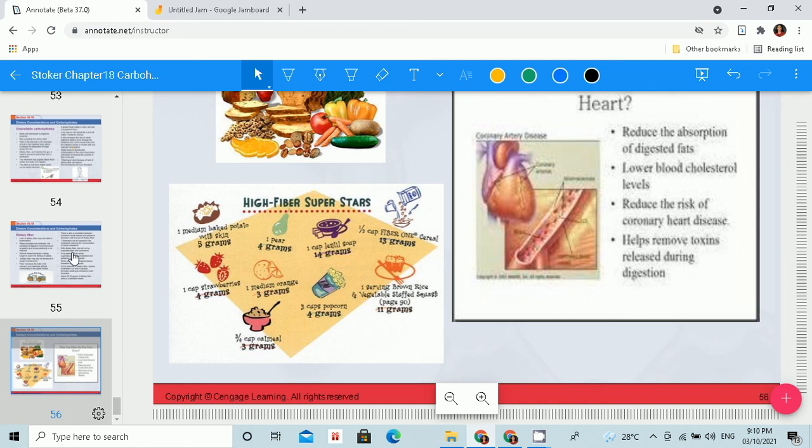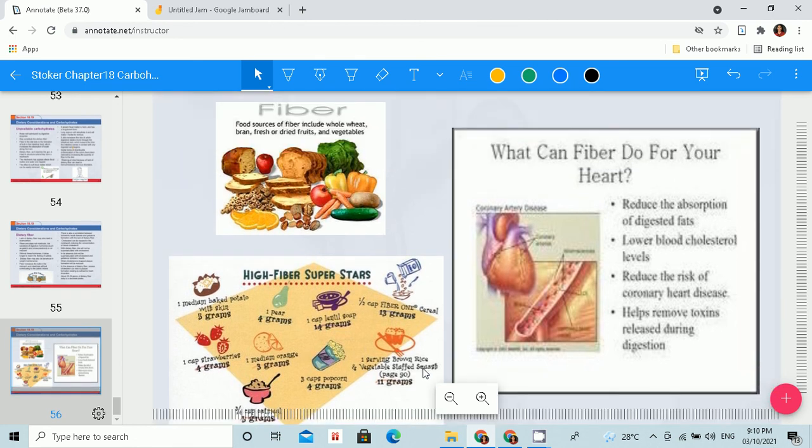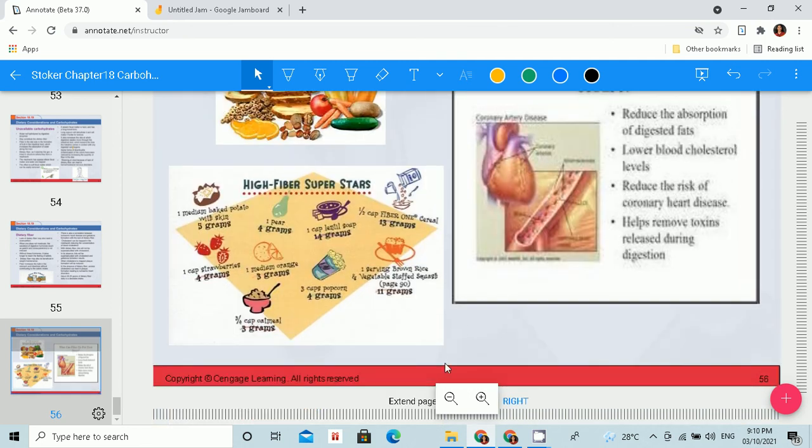Okay, then heart. What can fiber do for your heart? Okay, this one. It reduces the absorption of digested fats. Okay, the fats when accumulated, then we have the lower blood cholesterol levels. Because later in our lipids, we will know that cholesterol really exists in our body. Yes, it's natural.